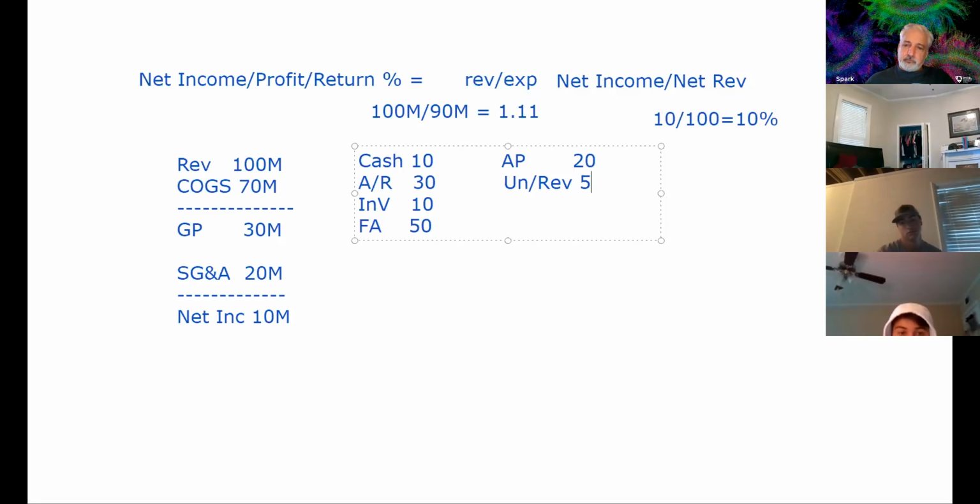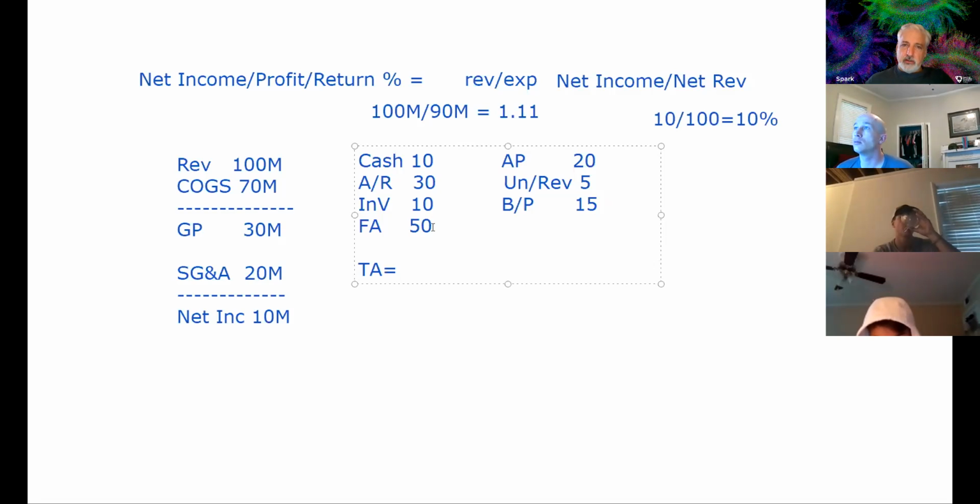Okay. I'm going to go ahead and do common stock. Now let's do bonds payable of 15 million. Assets here.